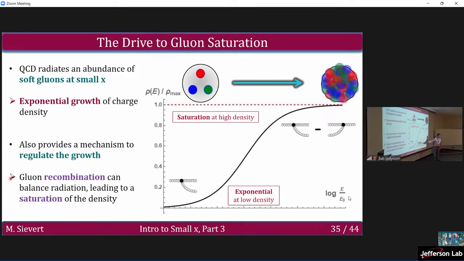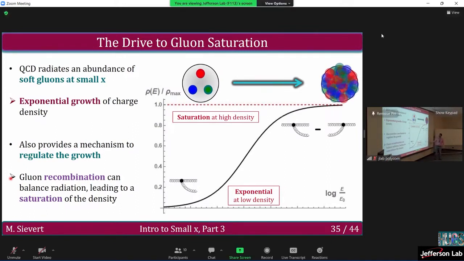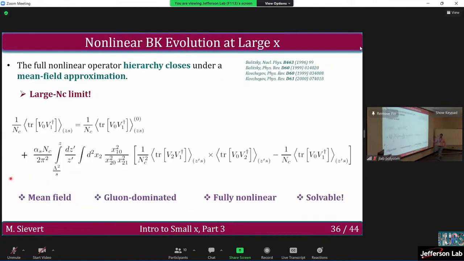That growth cannot continue forever. Eventually, you fill up the proton with so many gluons, so much color charge, that you can't just bremsstrahlung another gluon and put it wherever you want. Eventually, nonlinear recombination effects become equally important to extra Bremsstrahlung effects. And in that limit, you will turn over this exponential growth and cause a saturation of the density. That's what we're looking for here.